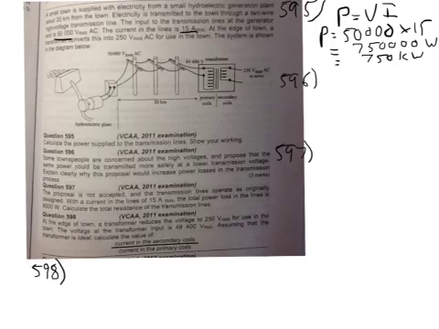So first off, we need to look at what's going to happen if we transmit at a lower voltage. We know that P equals VI. So for a constant power, so the power is the same, if the voltage goes down, the current is going to go up.